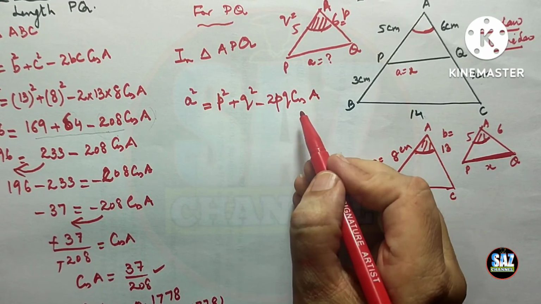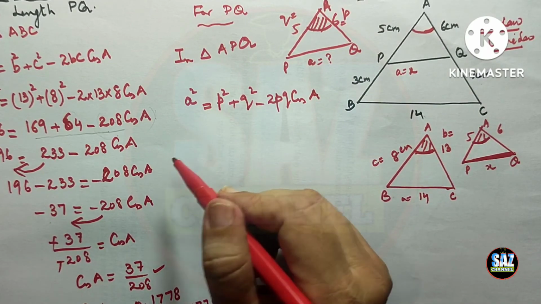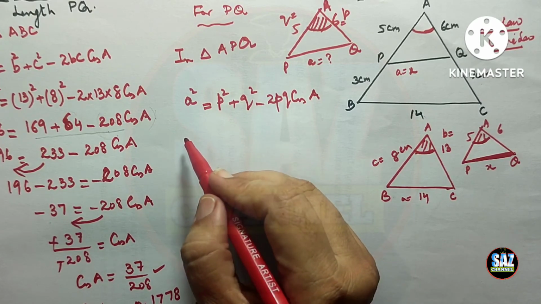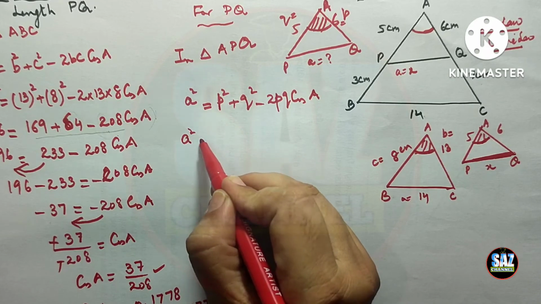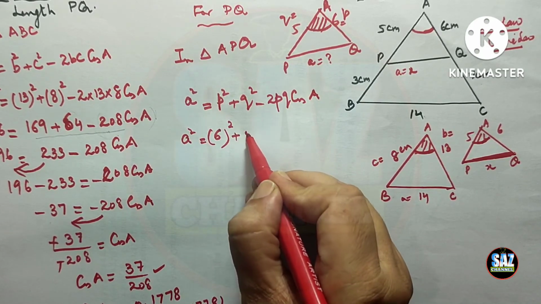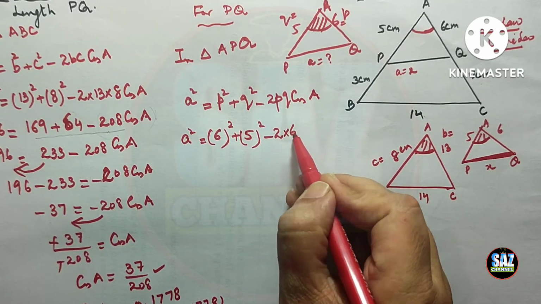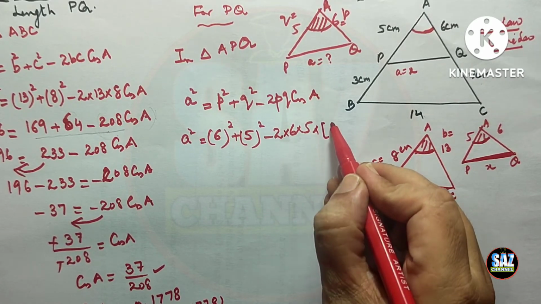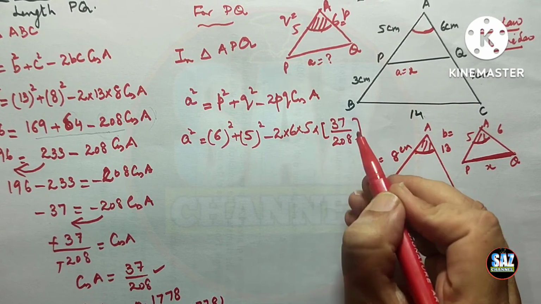It's your choice, either you can use the degrees or the fraction. In the previous question we used the fraction, so in this question I will also apply the same technique. So a square equals 6 square plus 5 square minus 2 into 6 into 5, and instead of cos of A I will write 37 by 208.